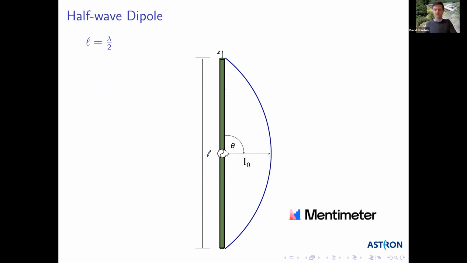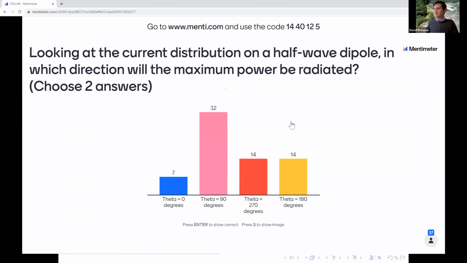Along 0 degrees or 180 degrees, the current is always 0. There's no current at the end. So, because of this, the fields radiated in these directions are also 0. So indeed, the correct answers were theta 270 degrees and theta 90 degrees.